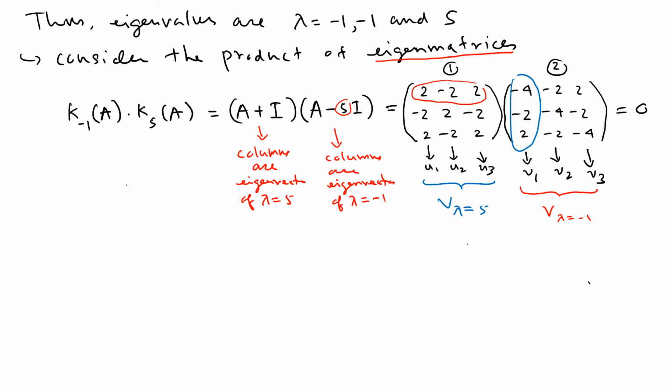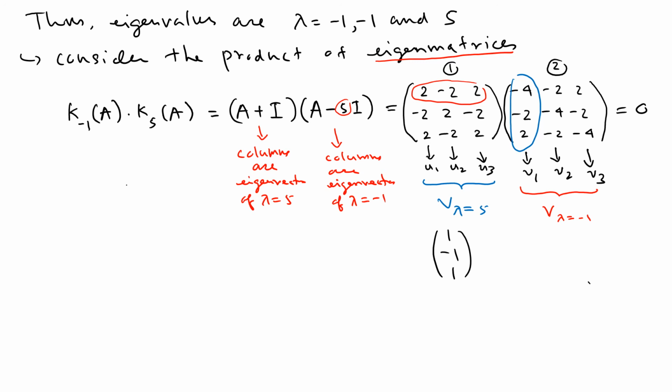For lambda equal 5, I can simply divide the first column by 2. So you can pick this one, 1, negative 1, 1, as the eigenvector for lambda equal 5. What about the other matrix? In the other matrix, you can divide, I mean, try to get something easy to handle.